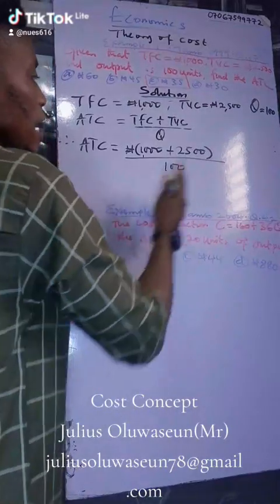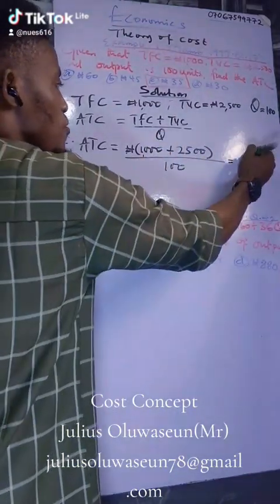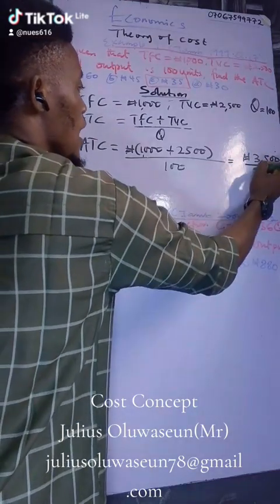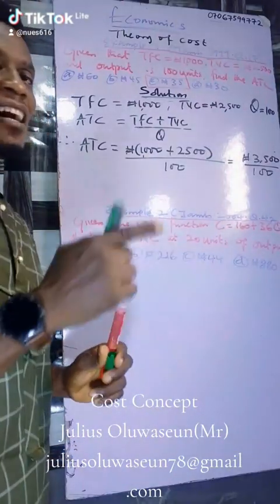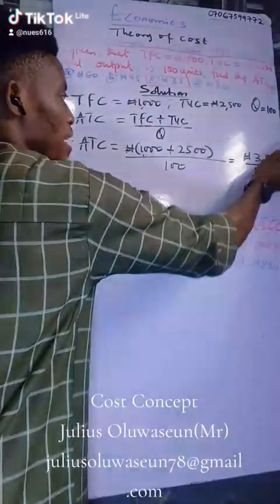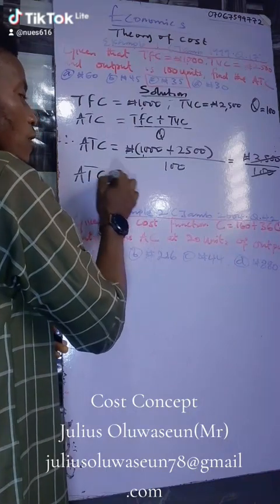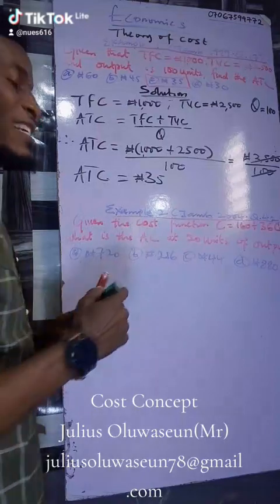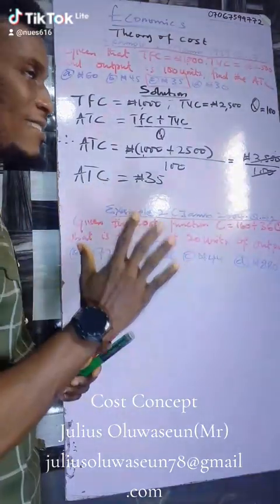From this end, 1,000 naira plus 2,500 gives us 3,500 all over 100. By the time you go by your calculation, we end up having our average total cost to be 35 naira. So this is our concise answer, 35 naira. Is that taken?